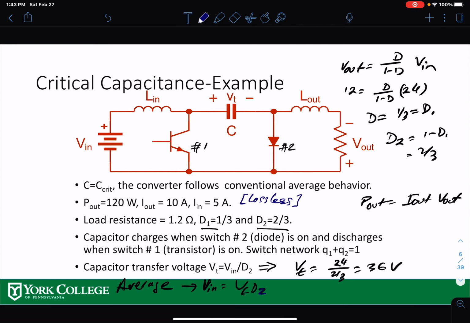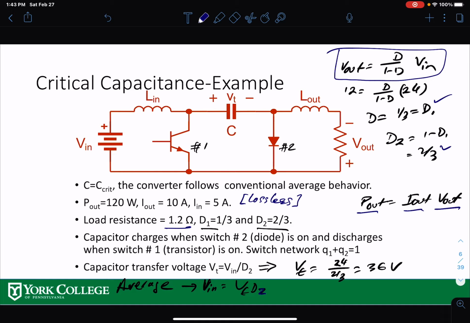All right. So if we use the equation for the boost-buck converter, this is the equation over here. We're ignoring the negative sign for now. And your D1 would be 1/3 and D2 would be 2/3, right? Output power is I out times V out, the average value of the output current. And your load resistance, you can also calculate, would be 1.2 ohm.